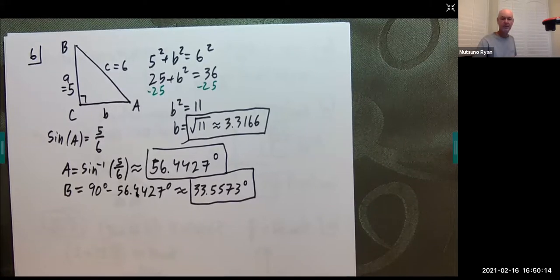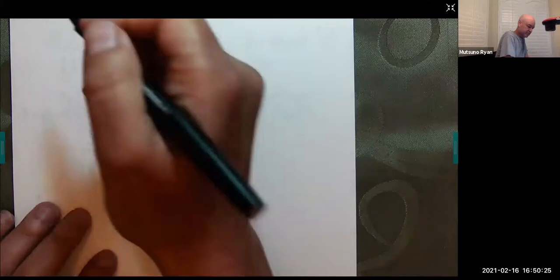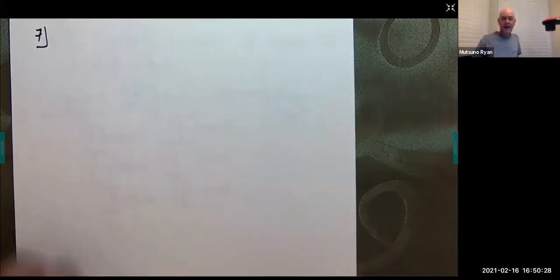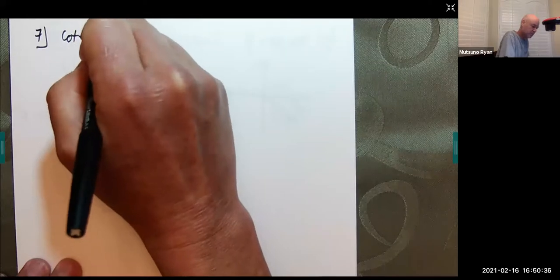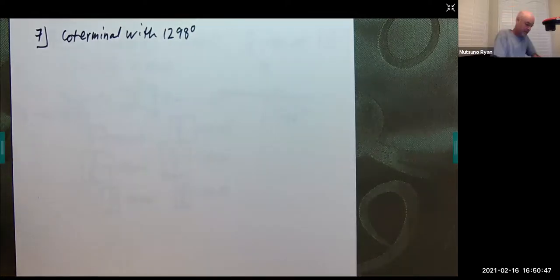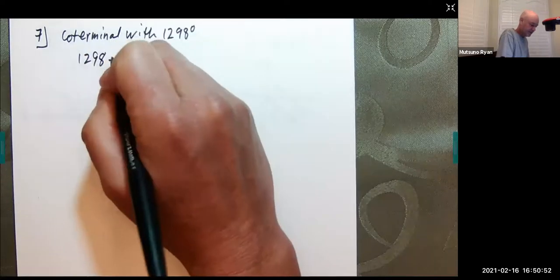All right. Number 7. They want an angle between 0 degrees and 360 degrees that is coterminal with the angle 1,298 degrees. So I'm going to go 1,298 minus 360 degrees.